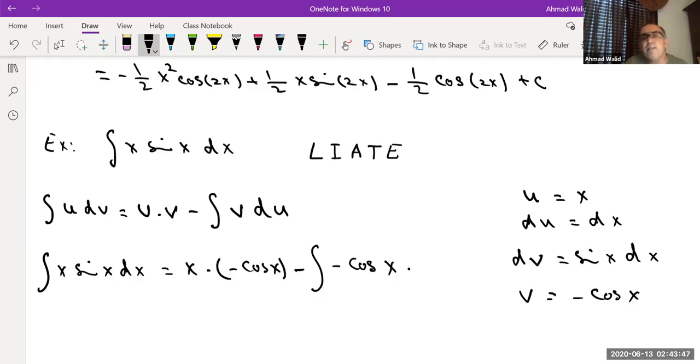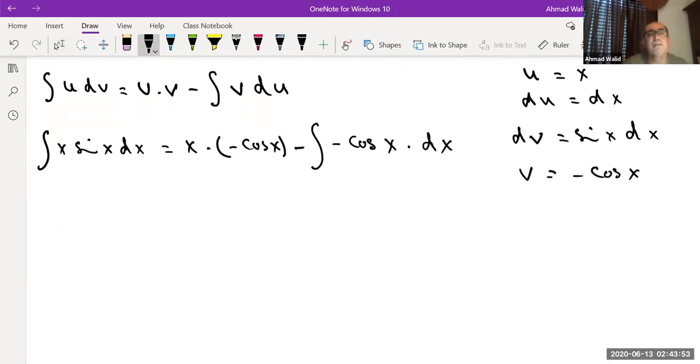Your du is dx. Put the negative outside, then you can say it's equal to negative x cosine x. Negative times negative gives you positive integral of cosine x dx, correct?